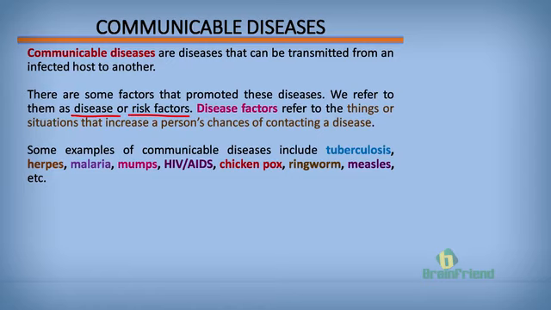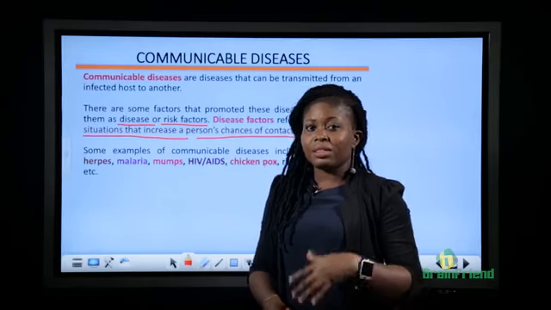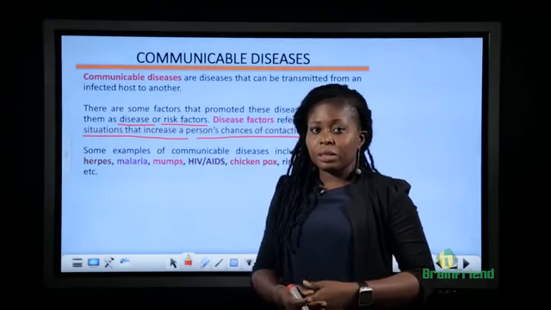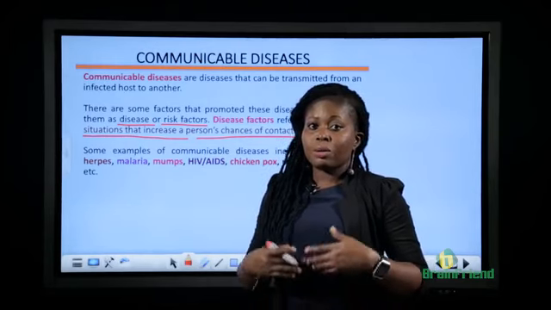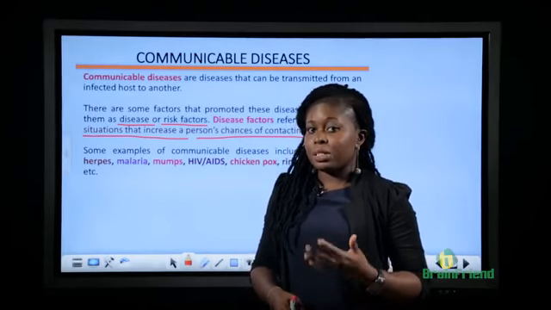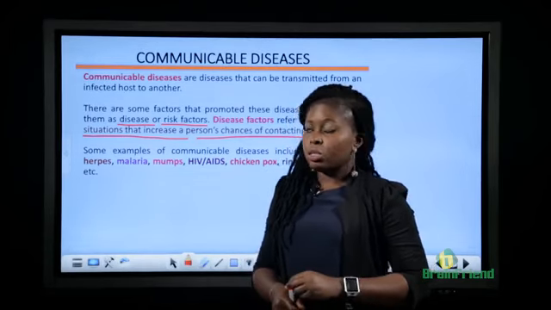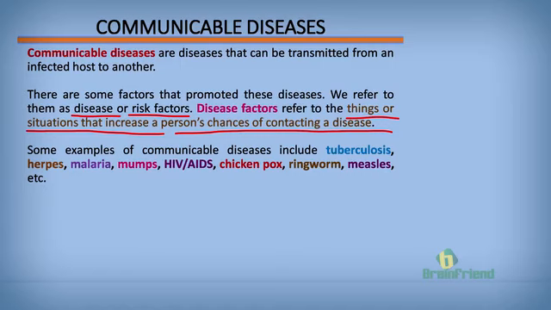Disease factors refer to the things or situations that increase a person's chances of contracting a disease. There are situations that can make someone more likely to contract a particular disease. We call those disease factors or risk factors.